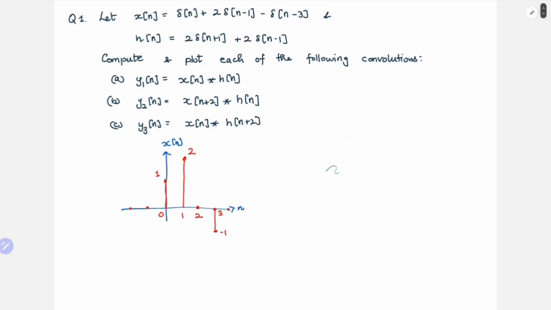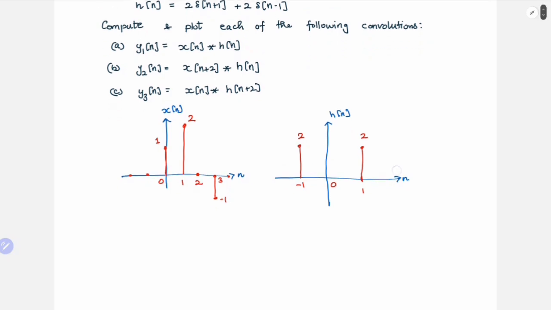So this is our x of n, and how does our h of n look? 2 delta of n plus 1, so at minus 1 it is 2, at 0 it is 0, and at 1 it is 2. So this is our h of n.